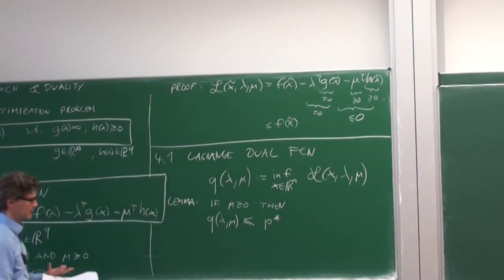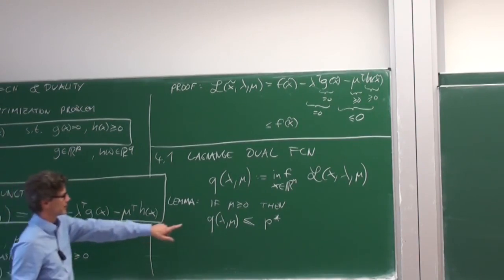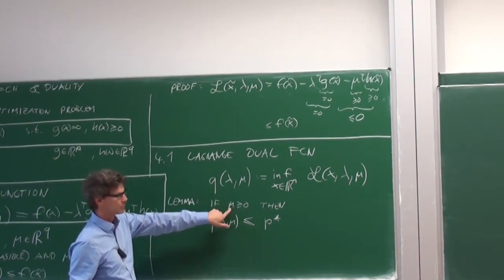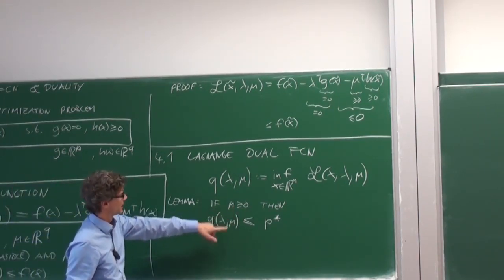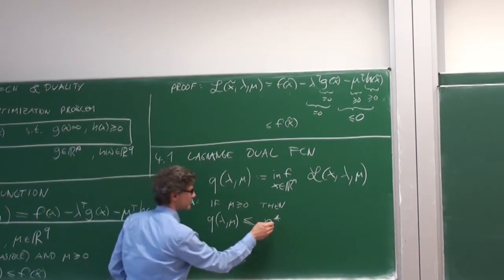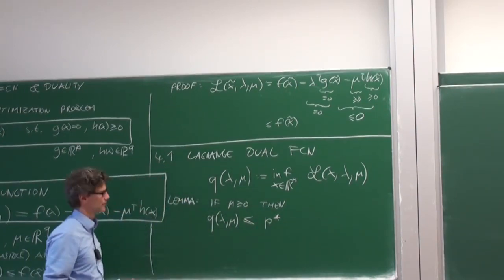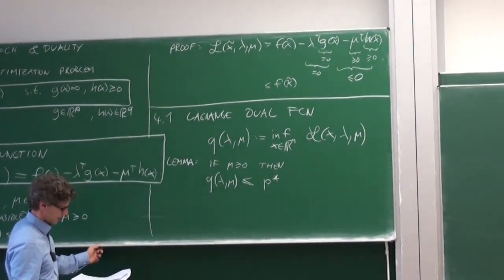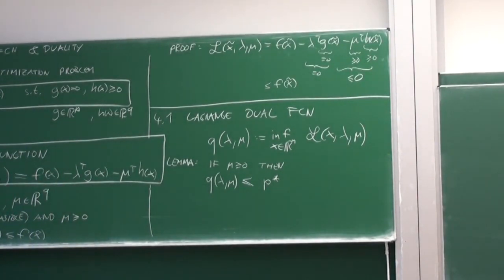So it's a lower bound already on the optimal value. So you just pick some lambda and mu. The mu should be positive, that's the only thing. But then you know that this Lagrange dual function is already a lower bound to the global minimizer of your optimization problem. And of course it's a consequence of this property.